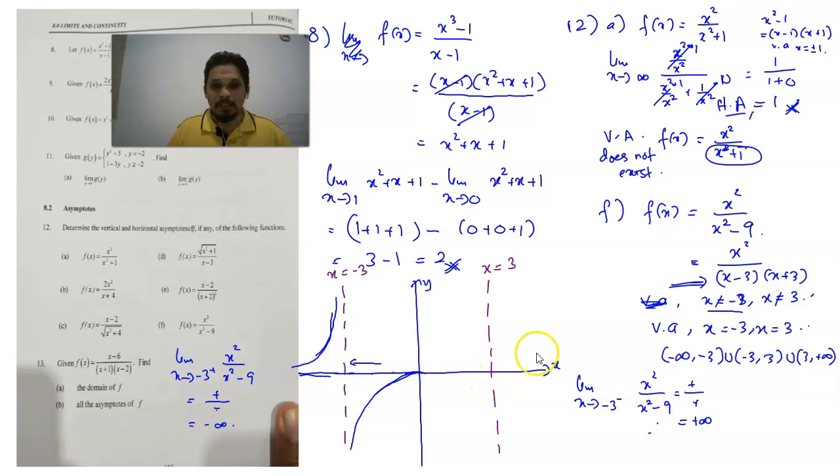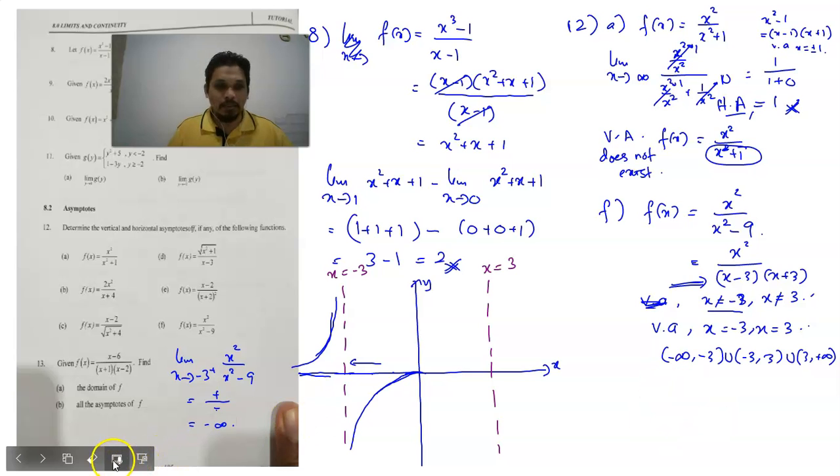Okay. Limit of x approaching 3 from the left of the function x squared divided by x squared minus 9. From 0, 1, 2, 2.5, 2.7, 2.8, 2.9, 2.99.